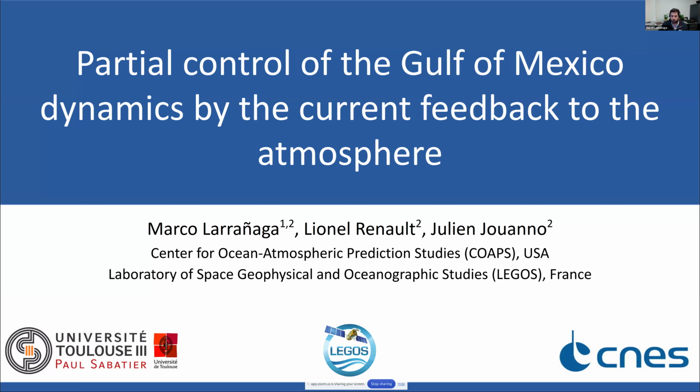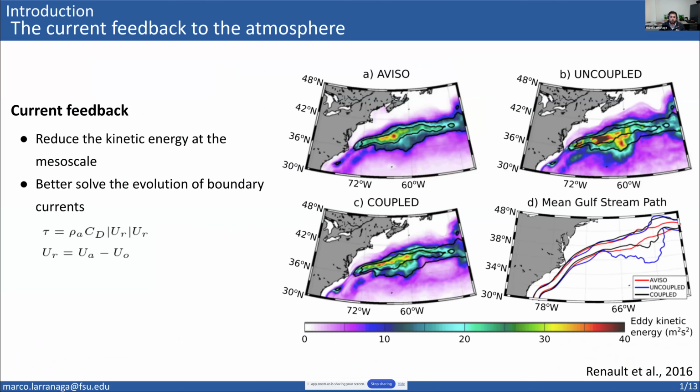Hi everyone, thanks so much for attending this presentation. I'm going to talk about how sensitive the Gulf of Mexico ocean dynamics are to the current feedback to the atmosphere. Everybody here is used to talking about the current feedback, but it reduces the kinetic energy at the mesoscale, as I show you in this example from 2016.